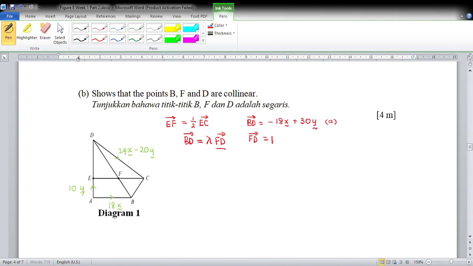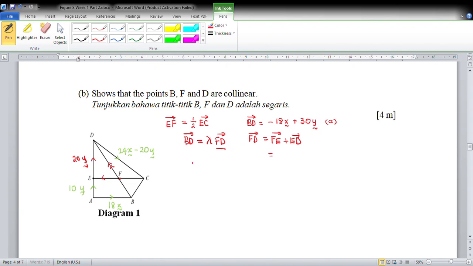How do I find FD? FD is F to E, and then E to D. So that will be FD, plus E to D. We know this one earlier, I already labeled, this is 20y.